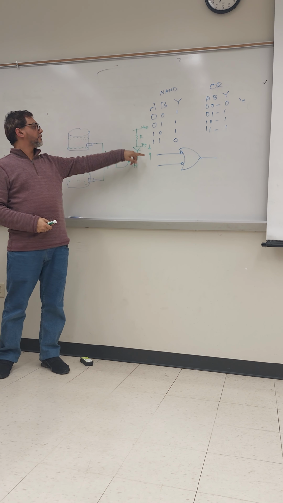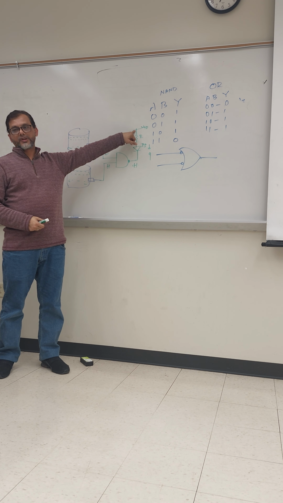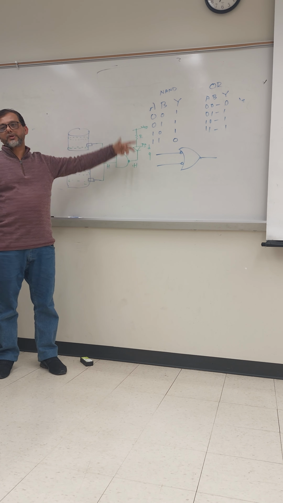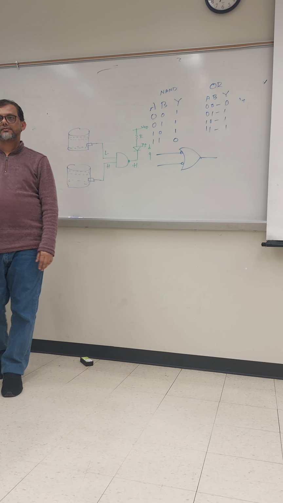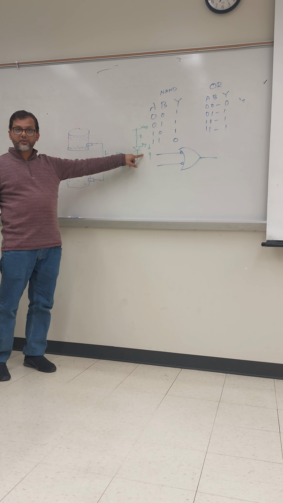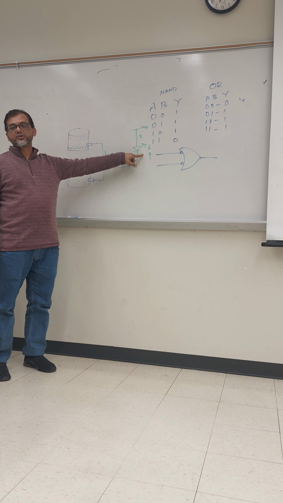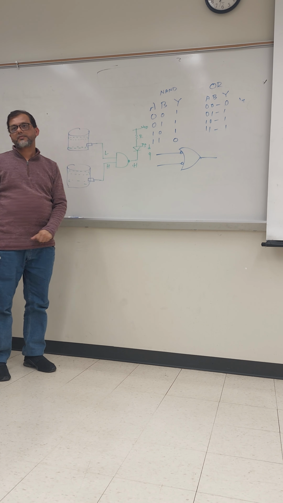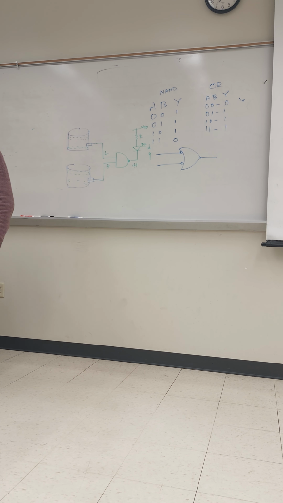For the negative terminal, you have to choose a very low voltage. As it is a 5 volt supply, maybe you choose 2 volt or so, just to turn on the diode. When it is reverse bias, this terminal should be at a lower potential than that terminal. That means this should be at least 2 volt and that should be 5 volt. Then it will glow. It's not that you need to connect to the negative terminal; it should be at the lower potential. Yes, the potential difference.